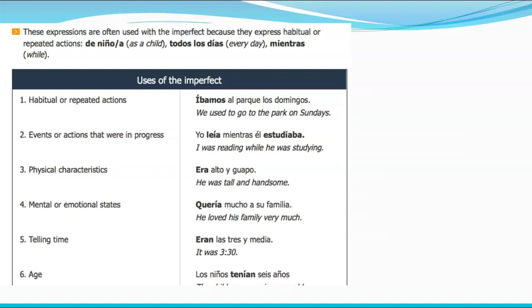But I do want to mention before that imperfect are often used to express habitual or repeated actions. Sometimes we use the words "used to." I used to do this when I was younger.